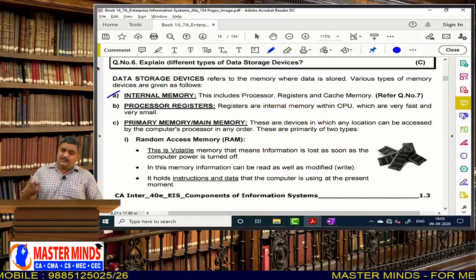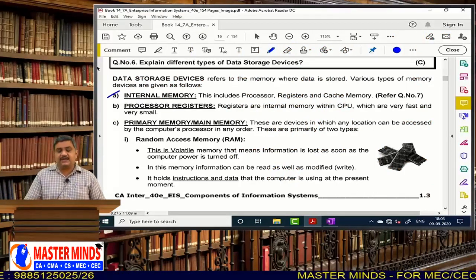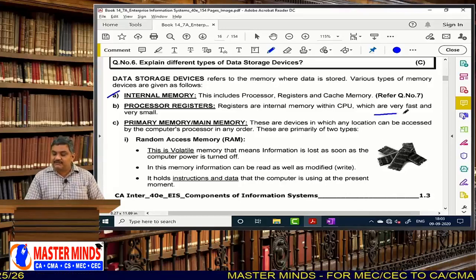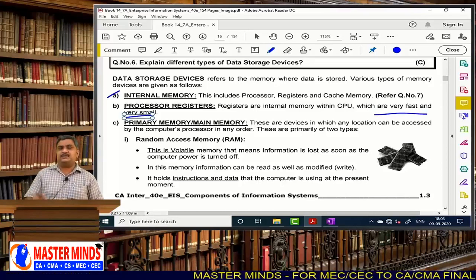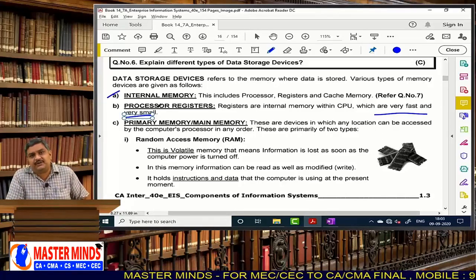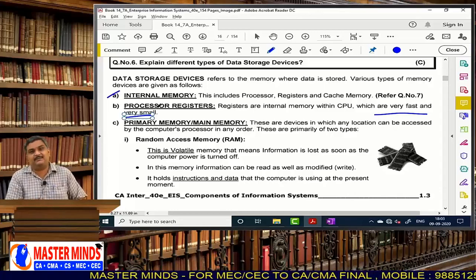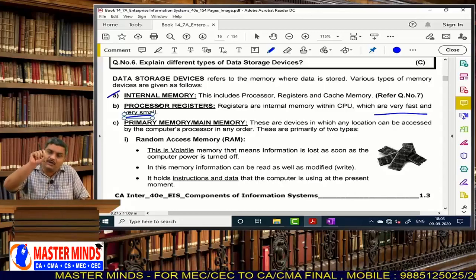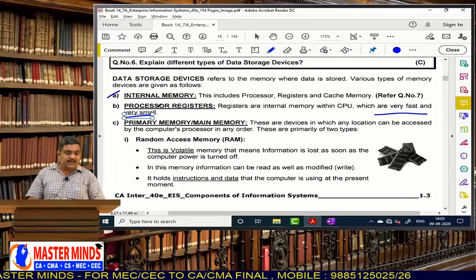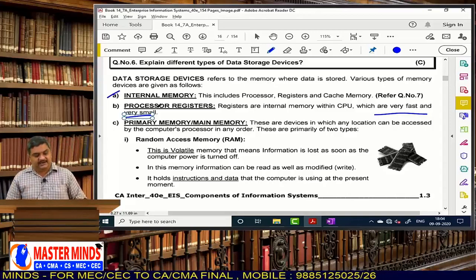Internal memory or processor registers, we can take as one and the same. These registers are very fast and very small. A register cannot store more than 32 bits or 64 bits of data. That means one register can store a very, very small amount of data.